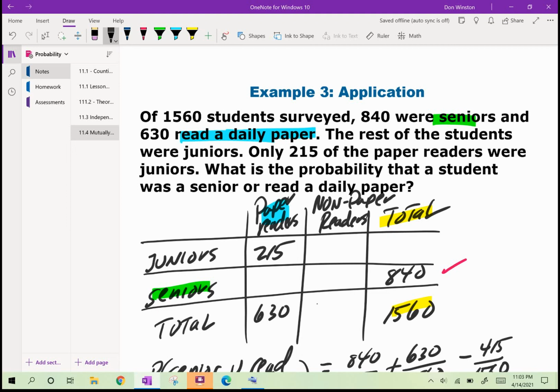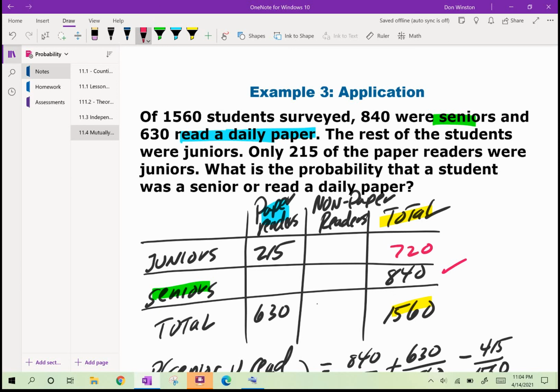So how do we know how many juniors there were? The rest of the students were juniors, so we have to fill in the blanks here. If I take 1,560 total students and subtract the 840 seniors, then I have 720 juniors.